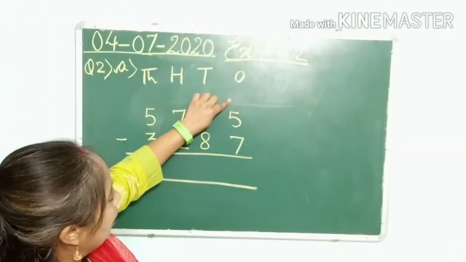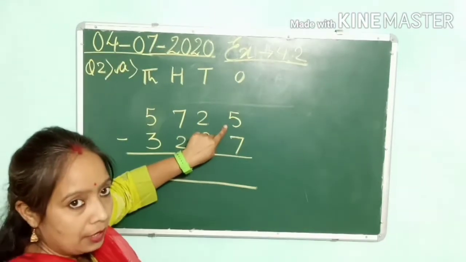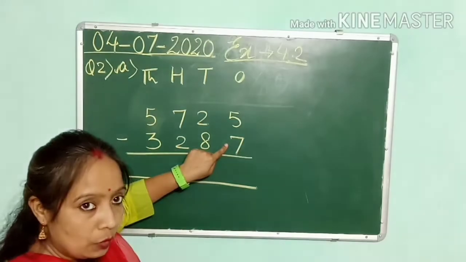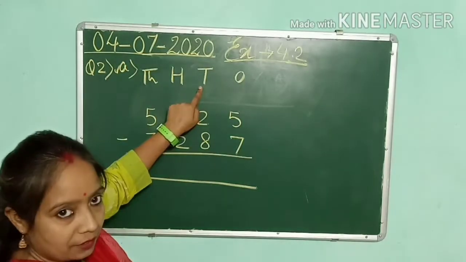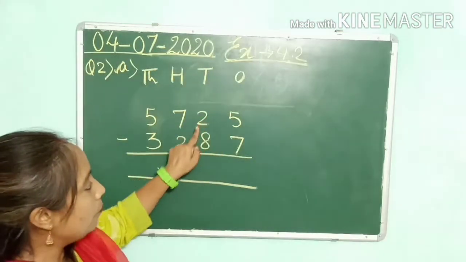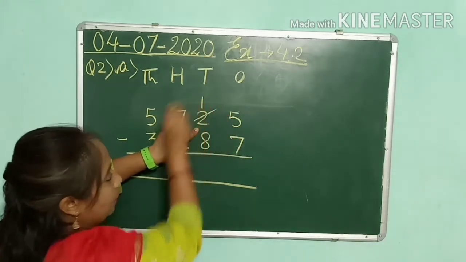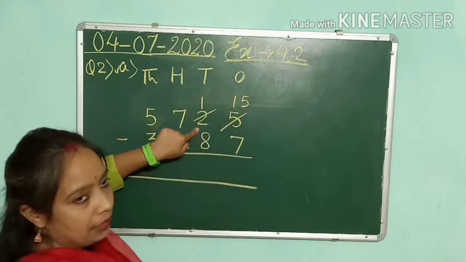Under the ones column, we have to subtract 7 from 5. Now 5 is smaller than 7. So what we will do? Yes, this ones digit will borrow from the tens digit. So 5 will borrow from 2. So 2 becomes what? 1, and this 5 becomes 15.